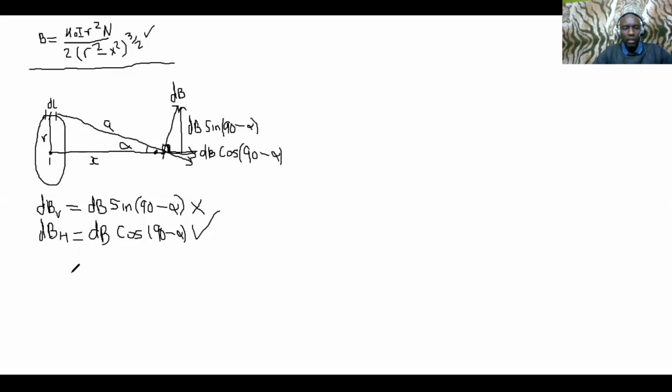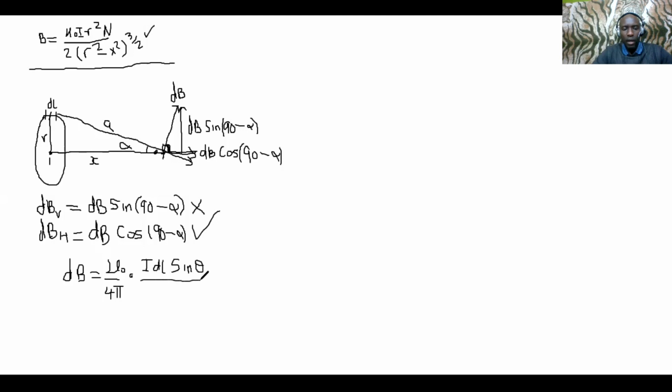Now the Biot-Savart expression is written as dB is equal to mu naught over 4 pi, which is a constant, multiplied by I, multiplied by dl times sine of theta.